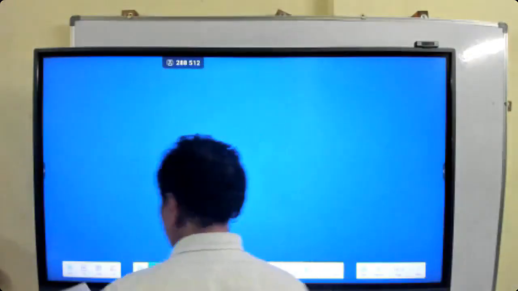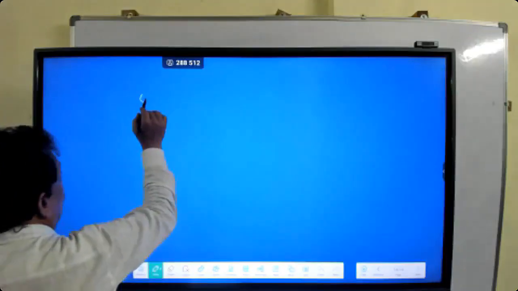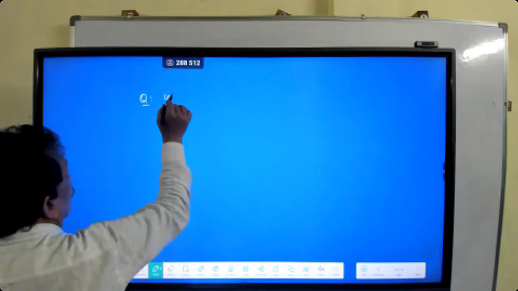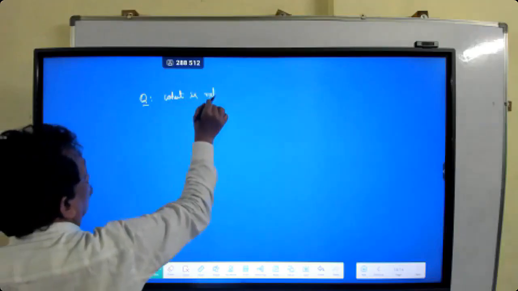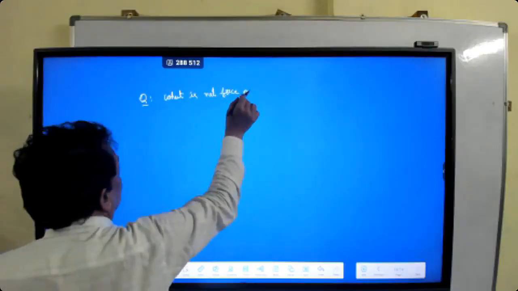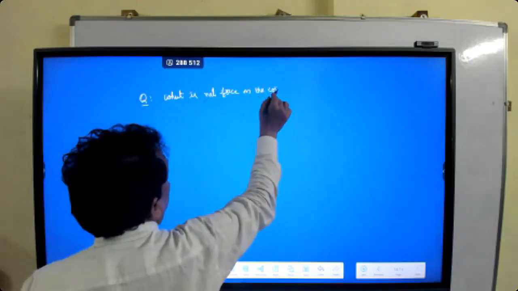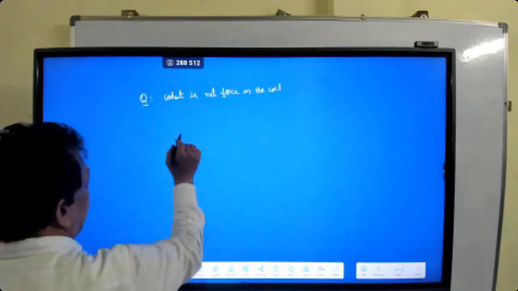Next problem. What is the net force on the coil? This is the coil that is given.